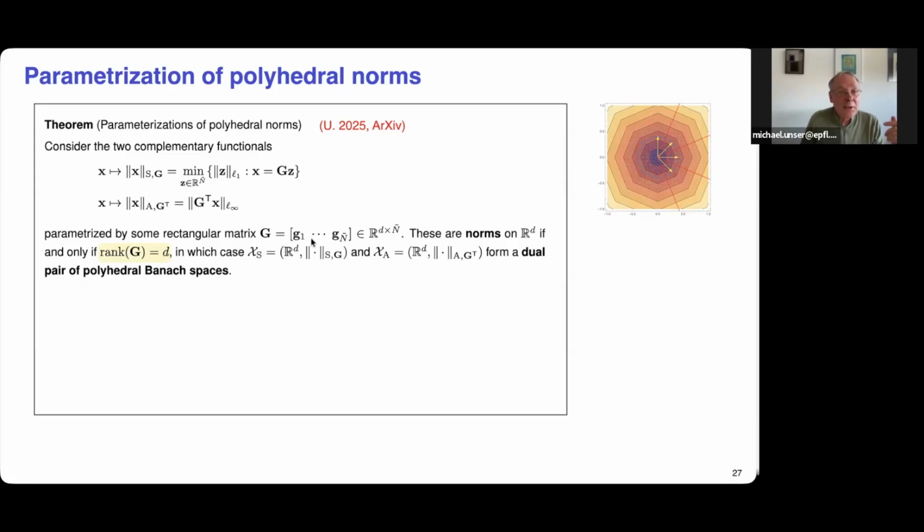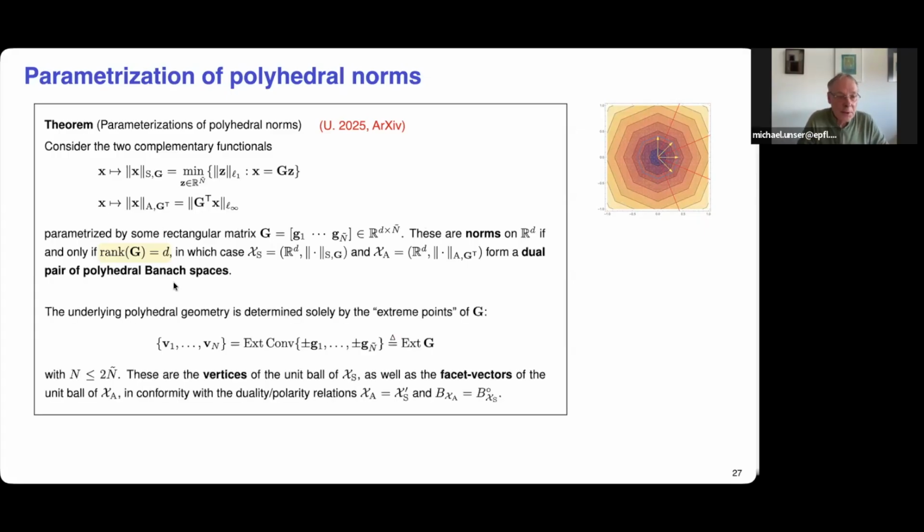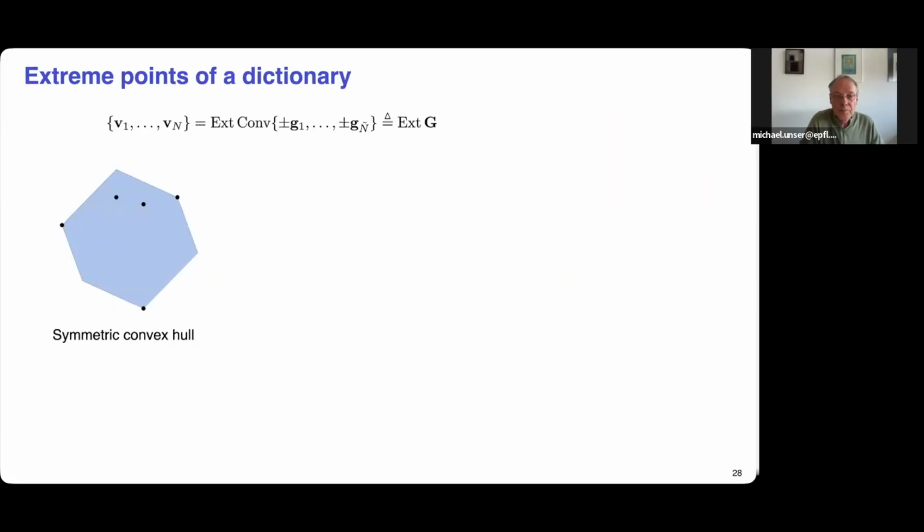This theorem tells us that those two things are the dual of each other, and so they generate a dual pair of polyhedral Banach spaces. What this means is that the geometry of those unit balls is completely determined by the extreme points of this dictionary, and those describe all the geometry of our norm.